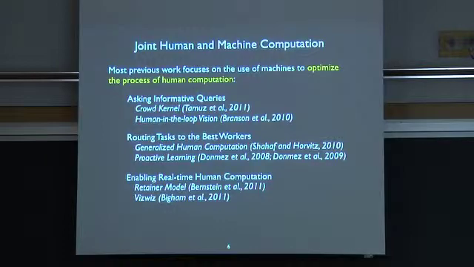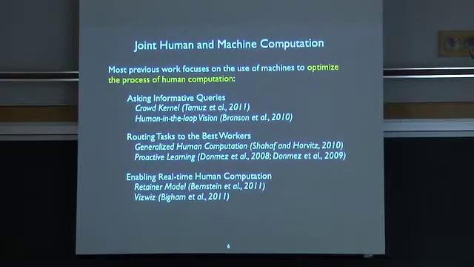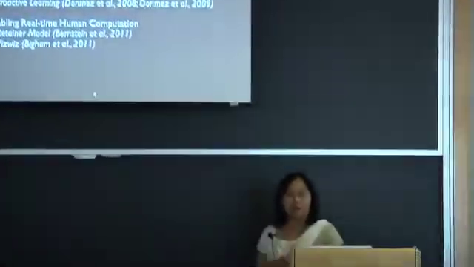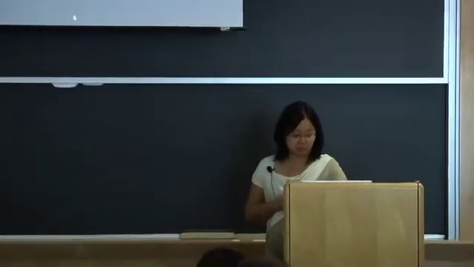There's been some work on real-time human computation. So being able to post a task and then get back the results almost instantaneously. And these are very important for applications that help, for example, blind people recognize what's in front of them. People are only willing to wait for probably 2-3 seconds before they give up on the application.